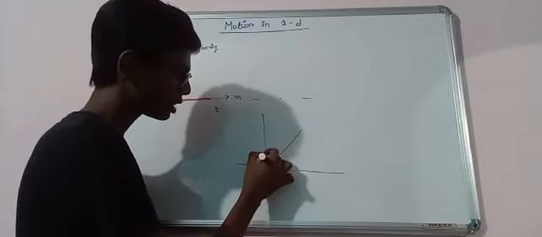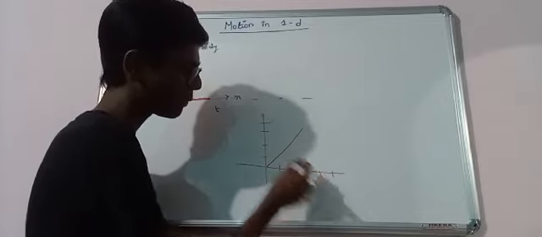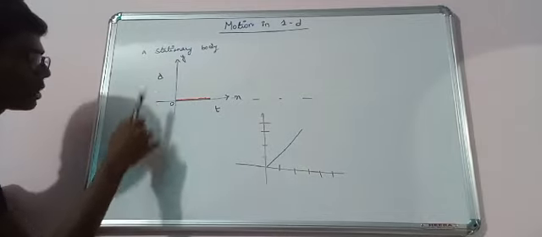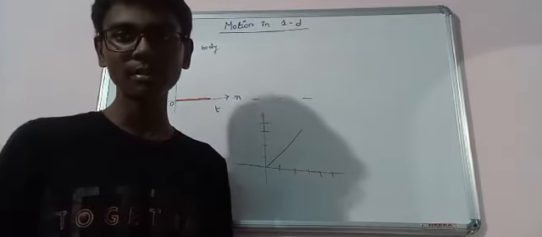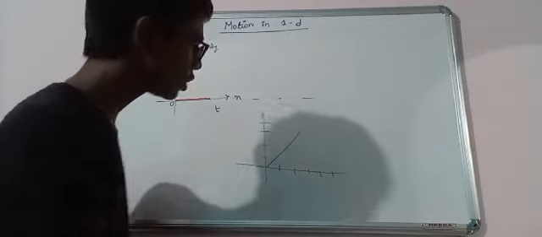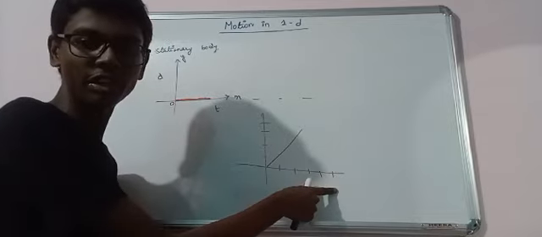So suppose I am doing the markings. I am not writing anything extra. When we are talking about equal displacement in equal interval of time, that is your constant velocity.